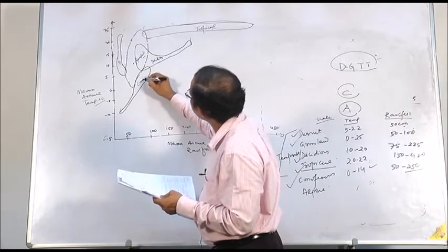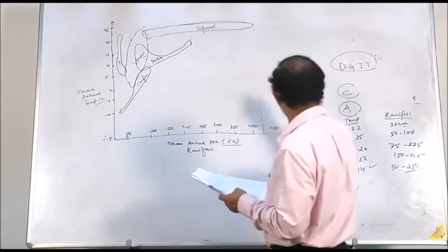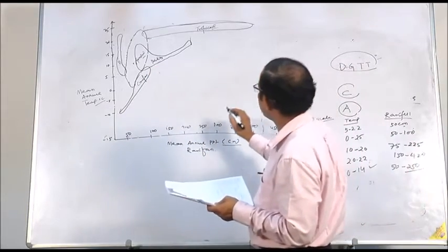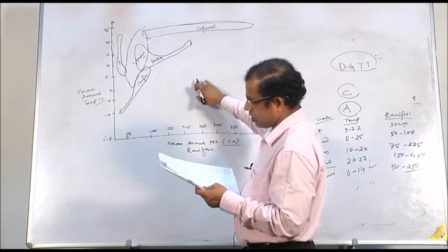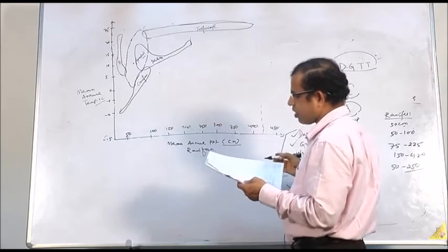This is your coniferous, and it will go up to 250.